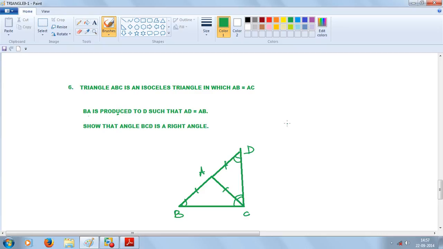The first part, what is given? Angle ABC is equal to angle ACB, and angle ADC, or we can tell angle BDC, is equal to angle DCA, because this is also an isosceles triangle. These two angles are equal.